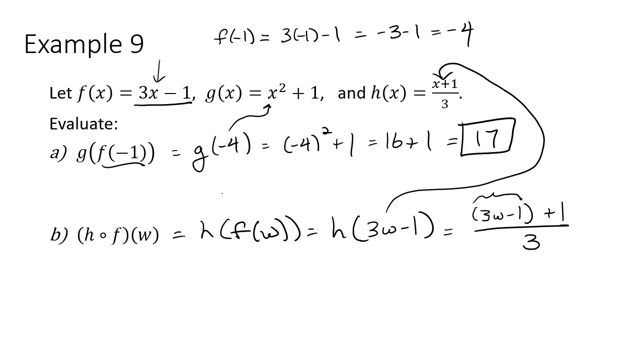All of this just replaces the x in the top left corner. Well, in this case, the negative 1 and the plus 1 cancel each other out. There's no exponents or multiplication, so you can just drop the parentheses. And this gives us 3w over 3, which reduces to just w.